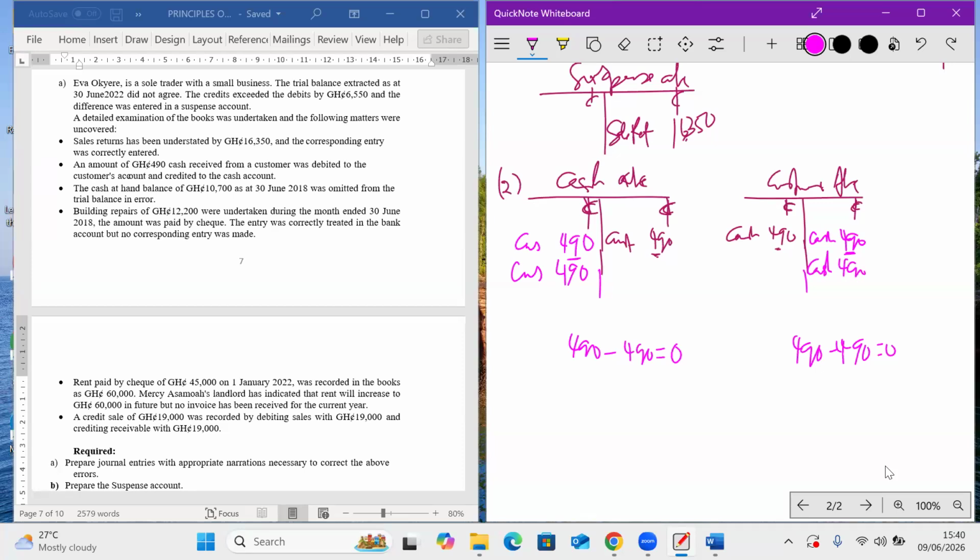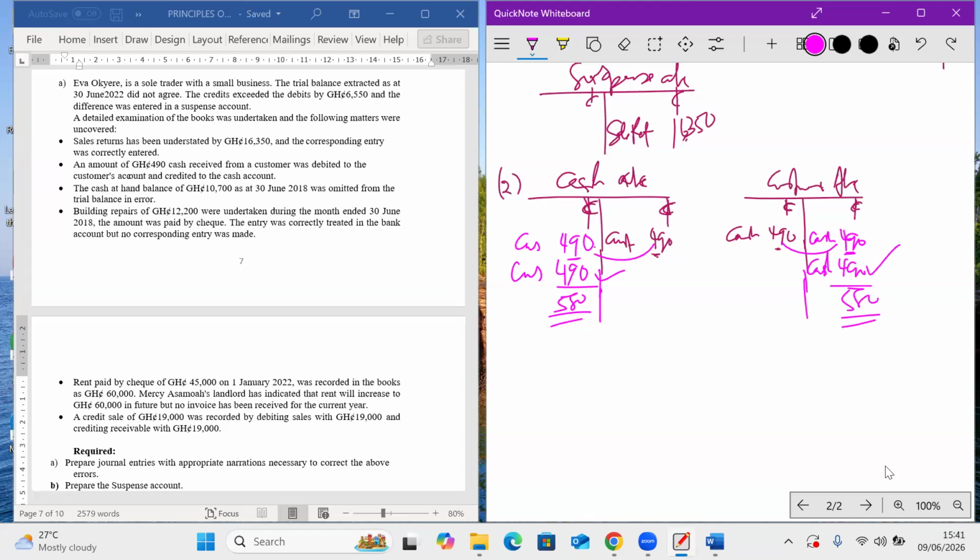So at the end, how many figures were recorded on the debit side? Two. 490 and 490. So I've corrected the error. The first 490 will cancel this one, then the new entry. I've corrected the error.